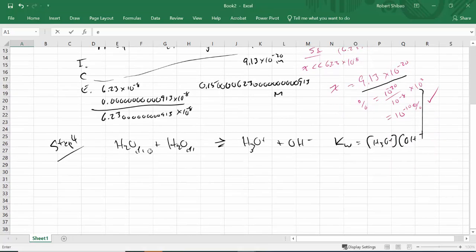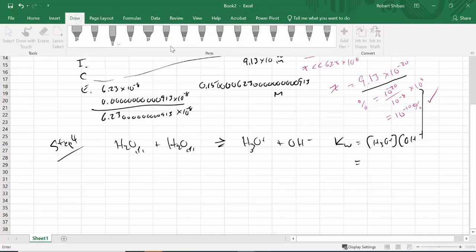Okay, so we have the hydronium times the hydroxide, and basically I don't expect much additional hydronium here. The only reason we're doing this is to figure out how much hydroxide I'm going to generate.